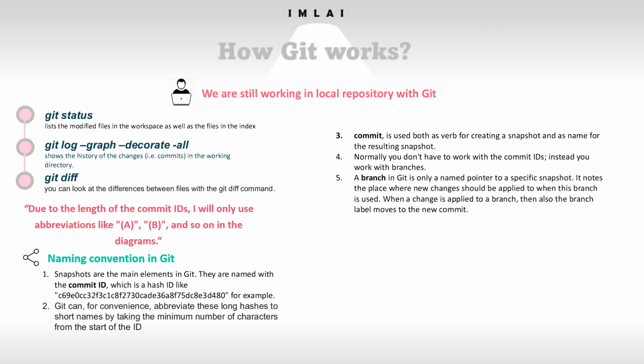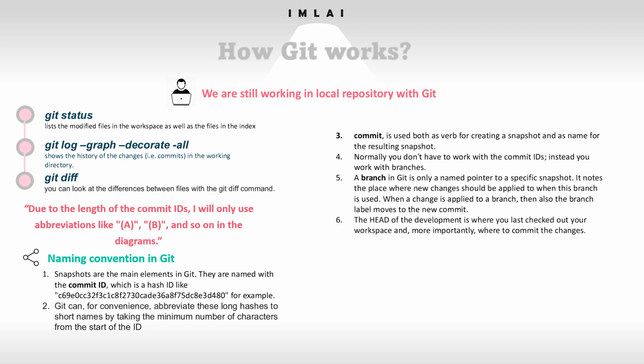Simply put, a branch in Git is only a named pointer to a specific snapshot. That's it. It notes the place where new changes should be applied when this branch is used. When a change is applied to a branch, the branch label also moves to the new commit.